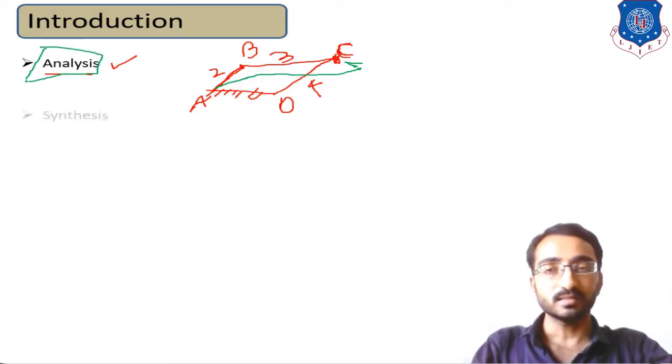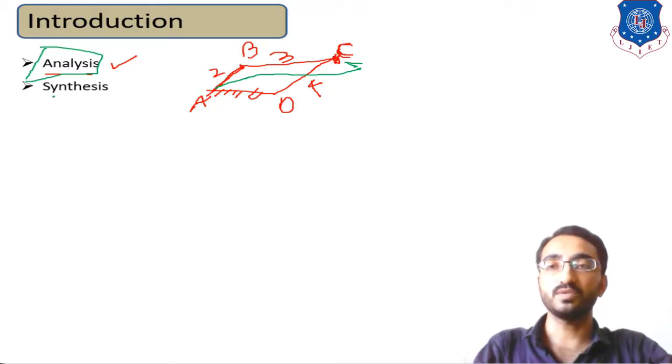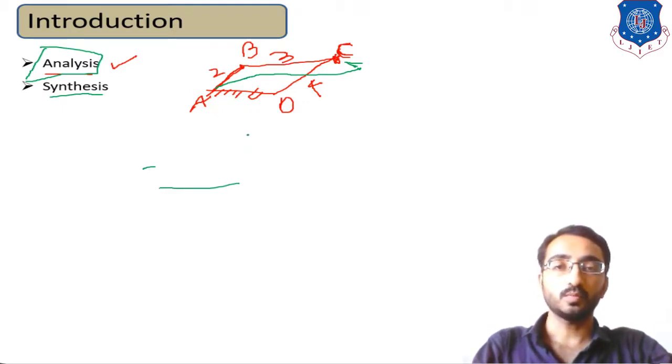So this whole process is known as analysis. Now the second word which comes into the picture is synthesis. In synthesis, you want to produce reciprocating, or we can say oscillating motion at this point, and you decide that you will give rotary motion as an input.